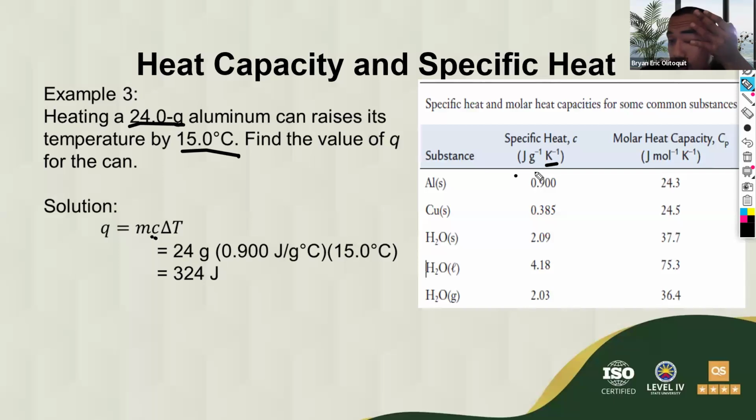So, interchangeable naman. Kung gagamitin mo Kelvin, kung gagamitin mo Celsius, as long as in terms lang siya sa specific heat as well as in terms sa difference in temperature. Okay, so using the formula MC delta T, direct substitution lang to, and then you will obtain 324 joules. Okay?